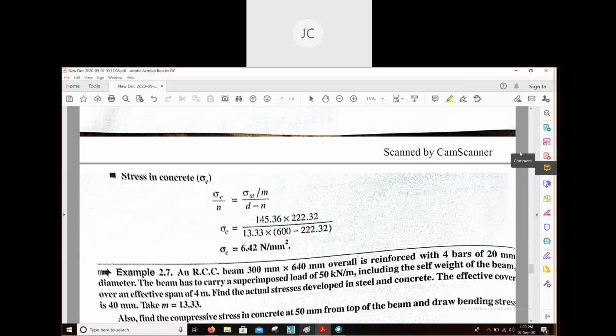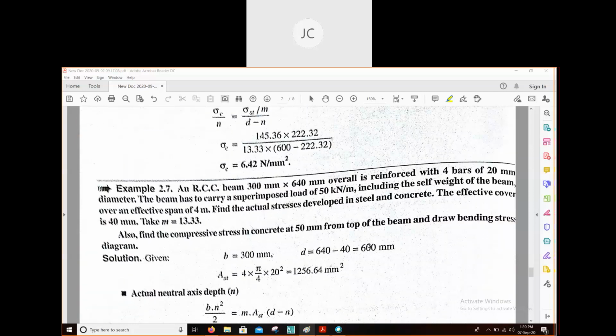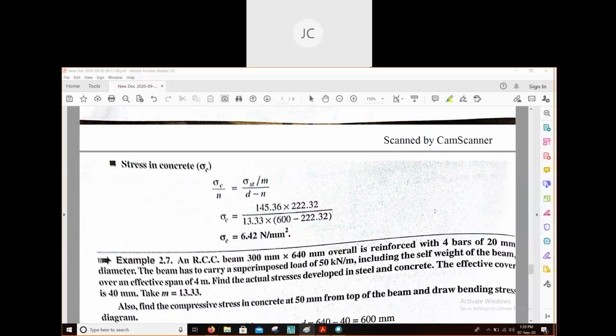Did you get the answer? N equal to how much have you got? Yes, good. 208.97. Correct answer.